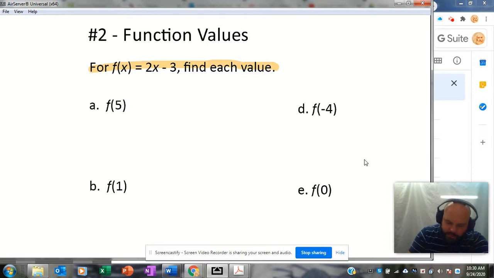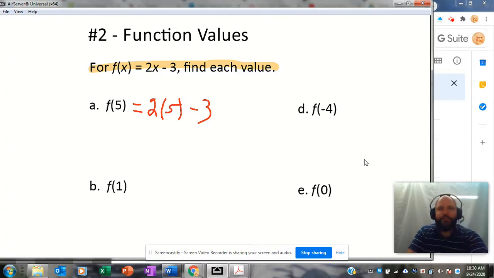So when I do that, f of 5 is equal to 2, and you can see that's where the x is. Notice I put parentheses where the x value is. I want to see you do this on your work. You have to do this on your work. Inside the parentheses, you're going to put the number 5. So we have 2x minus 3, and I substituted the value 5 in for x.